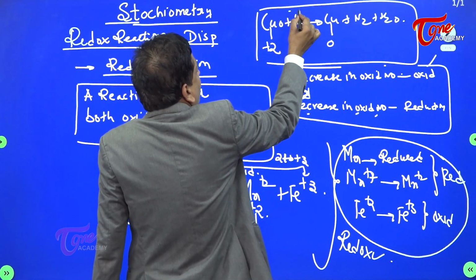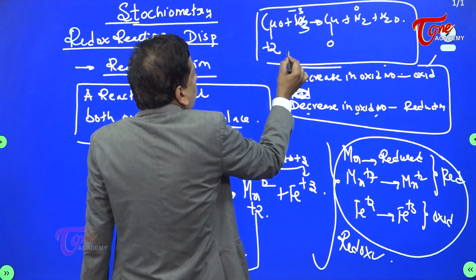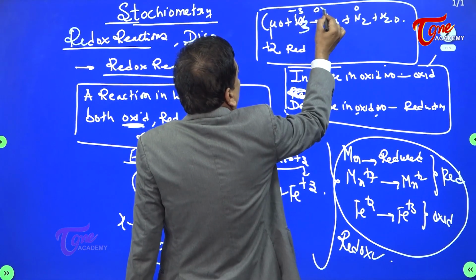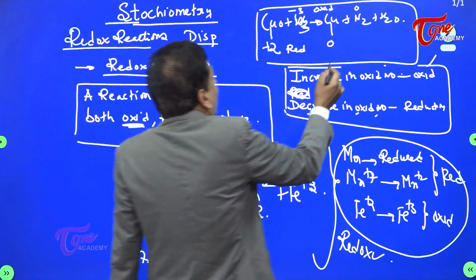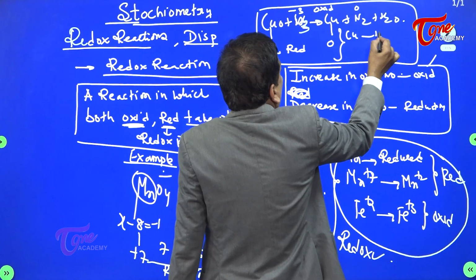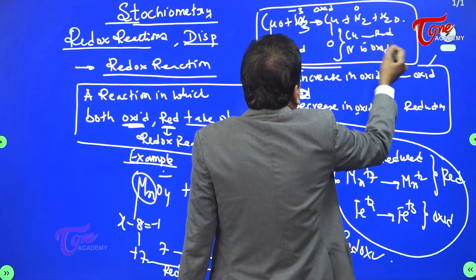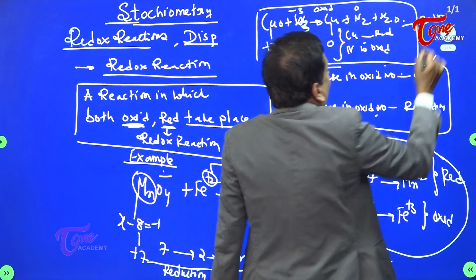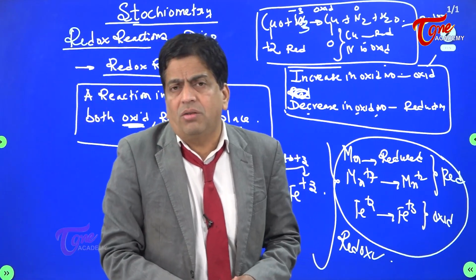And the nitrogen here is minus 3, and it is becoming 0. So plus 2 to 0 is reduction. Minus 3 to 0 is oxidation, an increase. So I can say here that copper is reduced and nitrogen is oxidized. Both are happening in the same reaction, so I call this a redox reaction. You must understand, and it is a redox reaction.